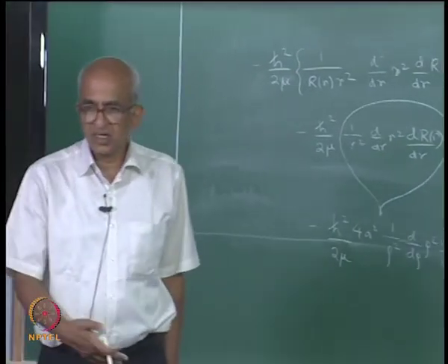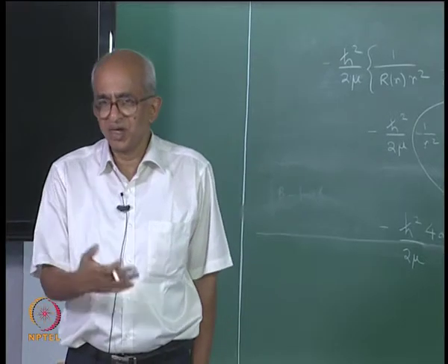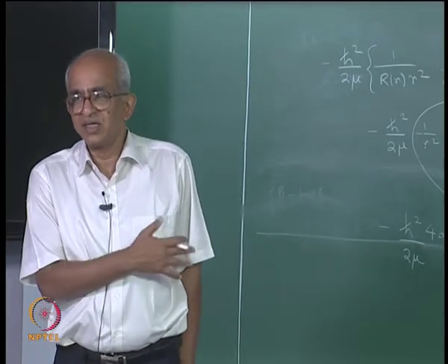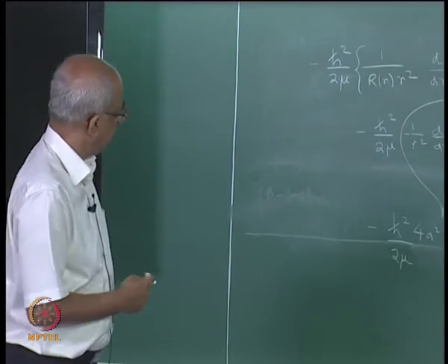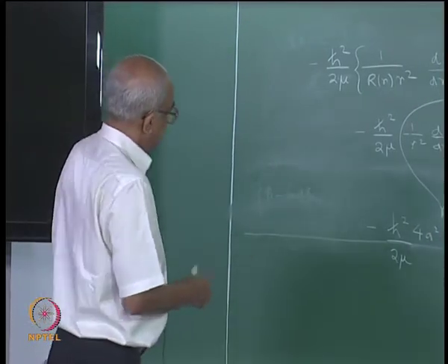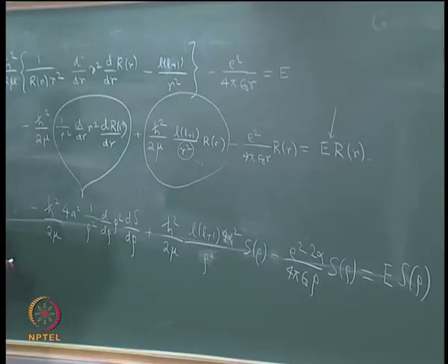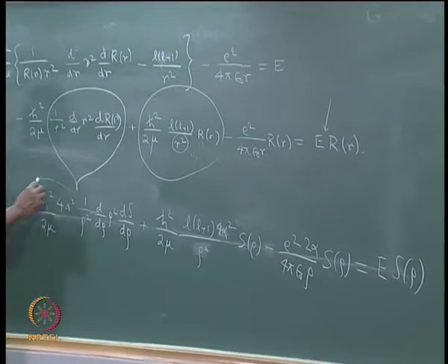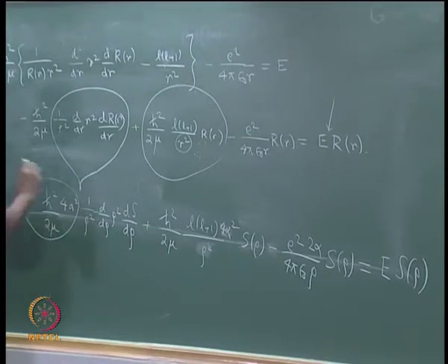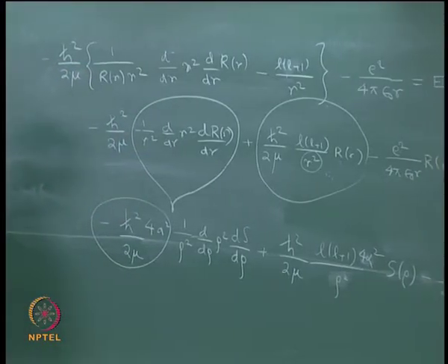I am yet to define my alpha, but as we have done previously, what we will do is define alpha in such a fashion that the equation looks as simple as possible. So, the next thing that I will do is divide throughout by this term. Divide throughout by that term, then what is the result?